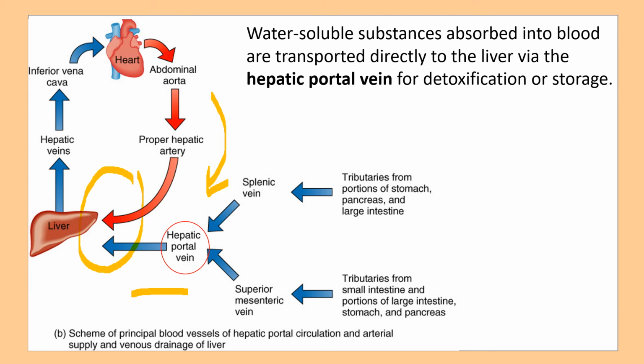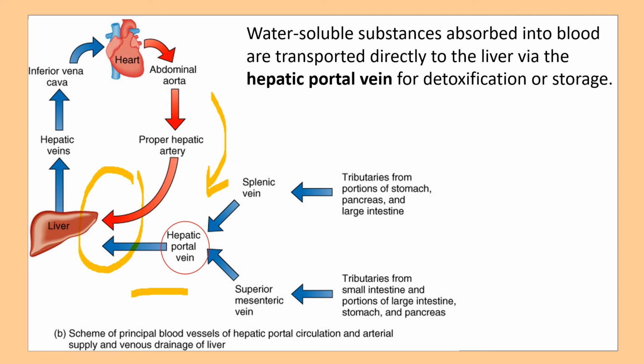And then the hepatic portal vein has oxygen-poor blood because this blood has already been through a systemic capillary bed in the GI tract. So it's oxygen-poor, but if the person has eaten recently, it's nutrient-rich. And so this blood is delivered directly to the liver. The liver receives blood from two sources, from the hepatic artery and from the hepatic portal vein.